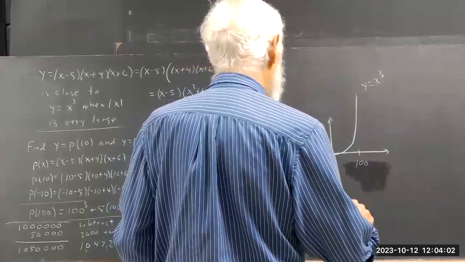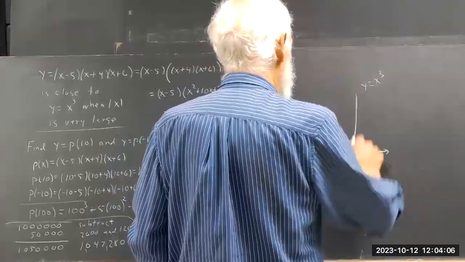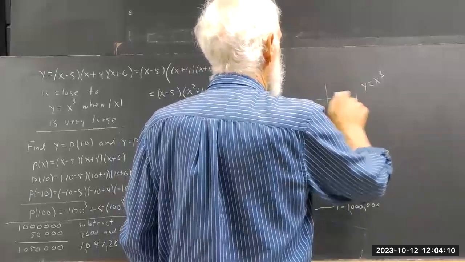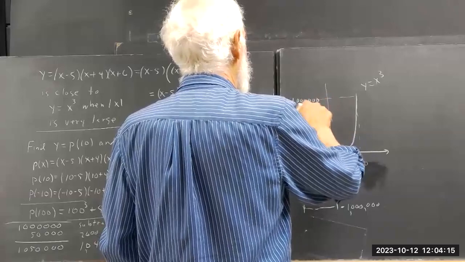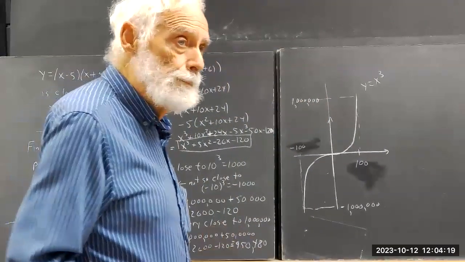Down here is negative $1 million, and up here is $1 million.